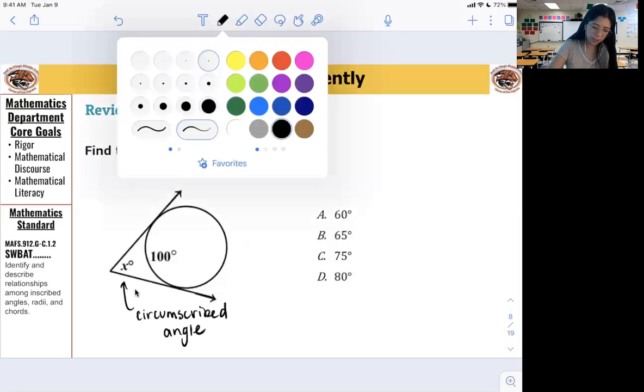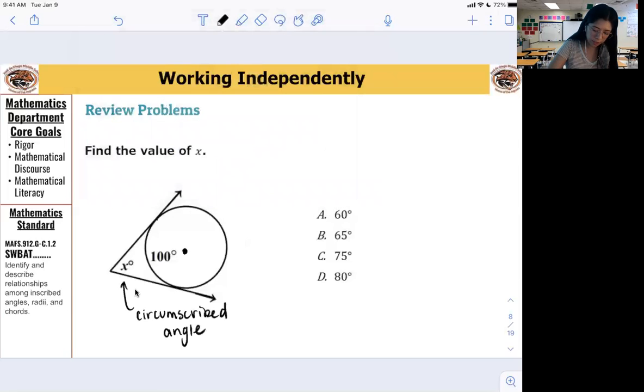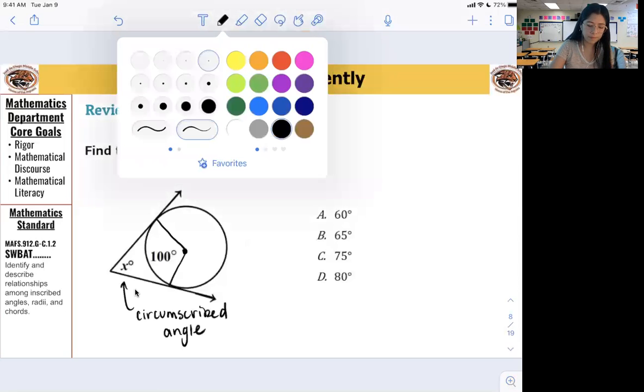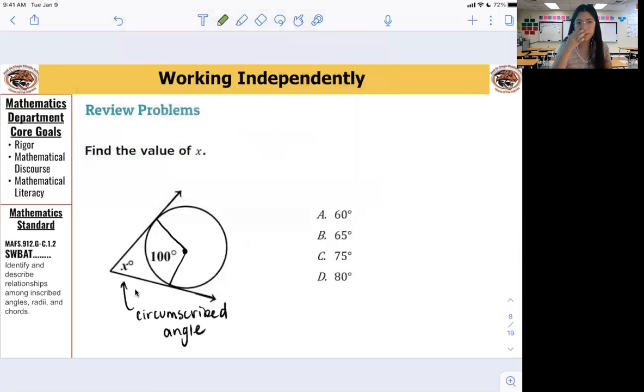And what is the relationship between the circumscribed angle and the central angle? If you got it right, you know what the relationship is.